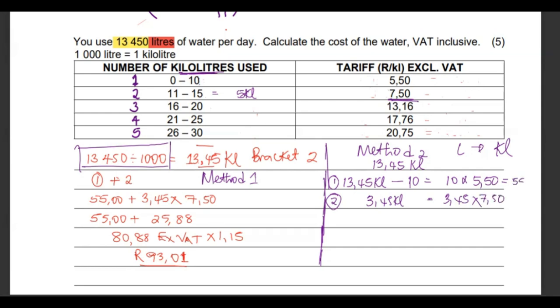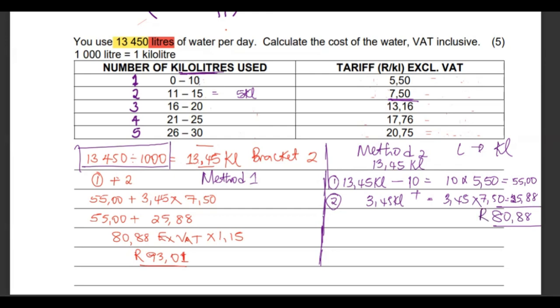So here we shall get our 55 rands. Here we get our 25 rands 88. So what do we do? We add them up. We end up having 80,88. So this is what we have.